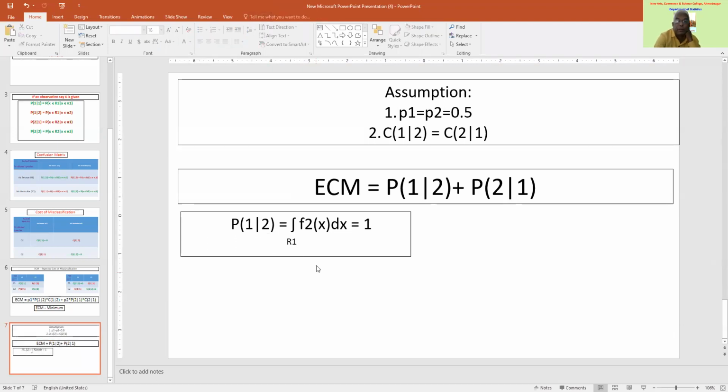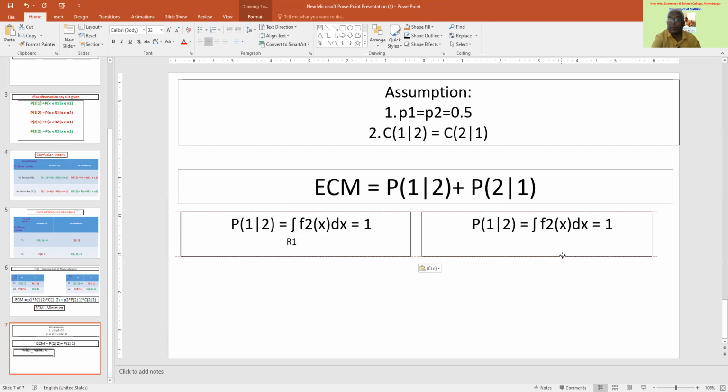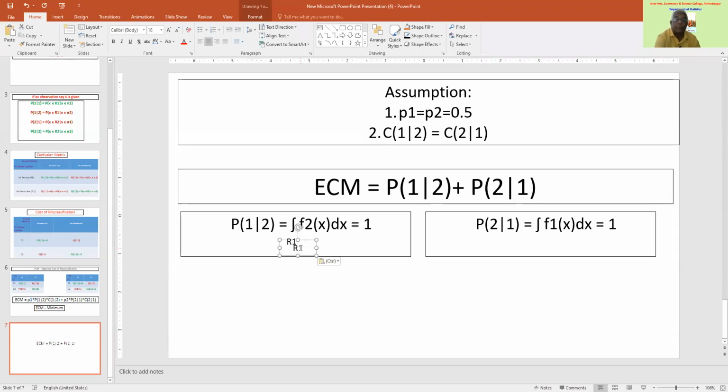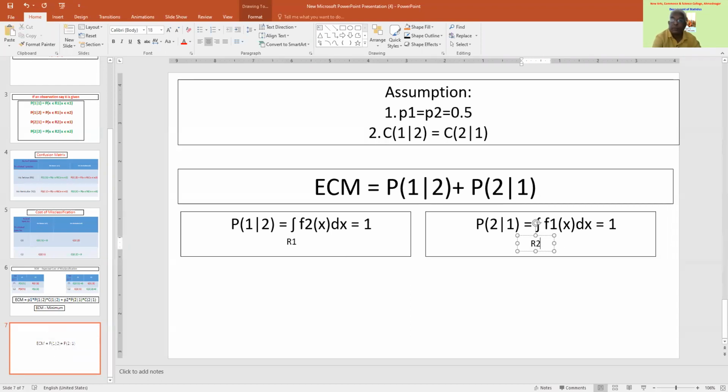How can I write the other one? I can write the other one also, and it is like this.